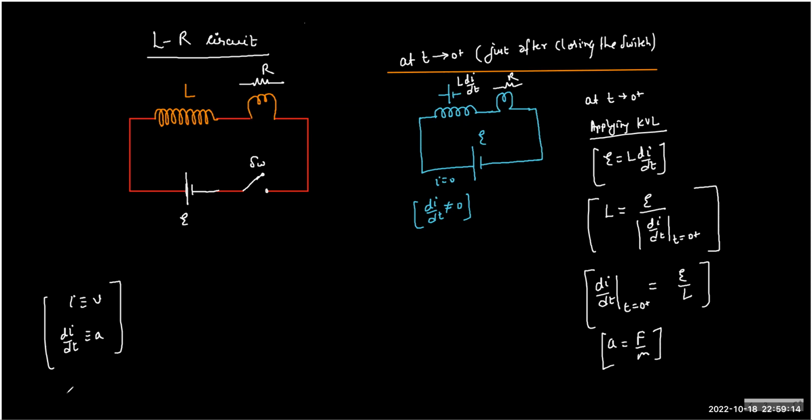In case you forget the formula, this is a simple way to recall it. That's why I said knowing the mechanical equivalent is a good idea in this chapter. So you will see a lot of similarities, and with the help of similarities, we can actually deduce a variety of relations with ease.